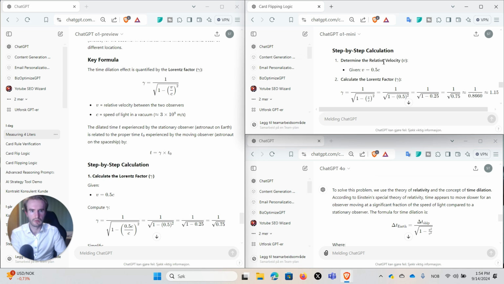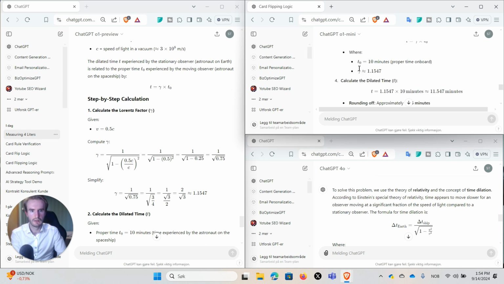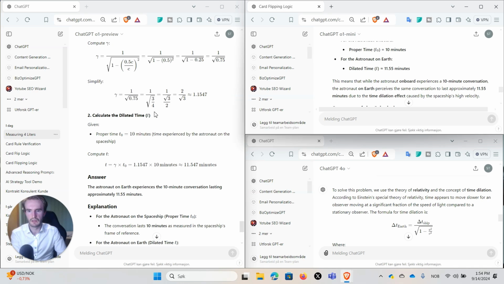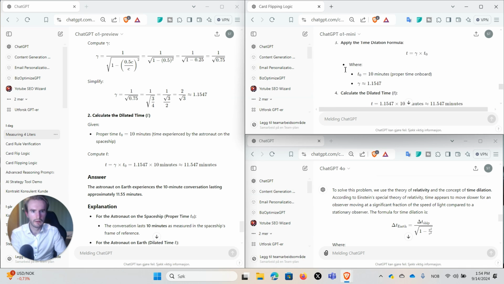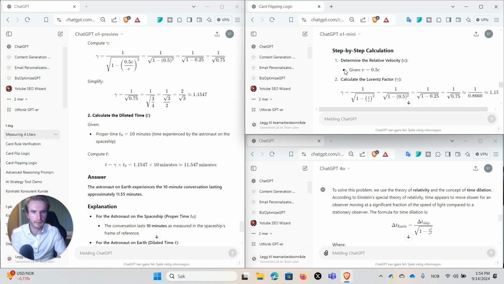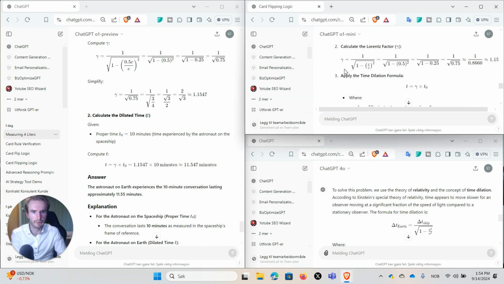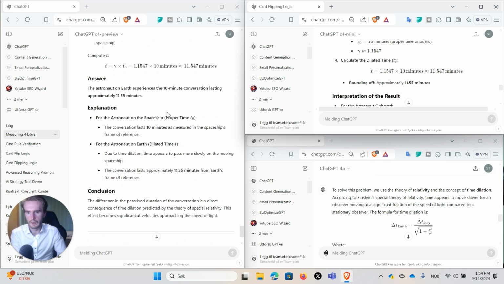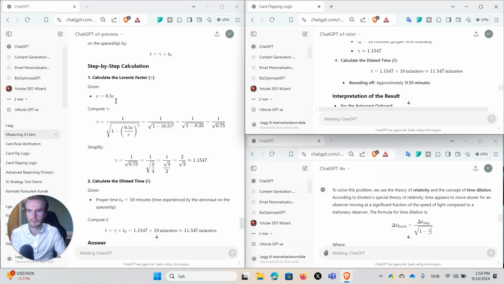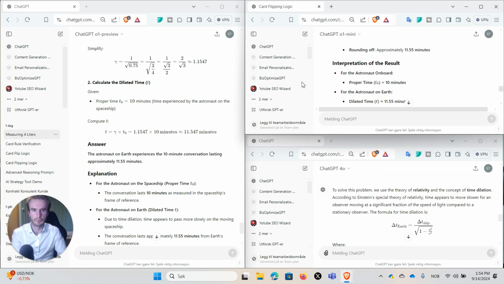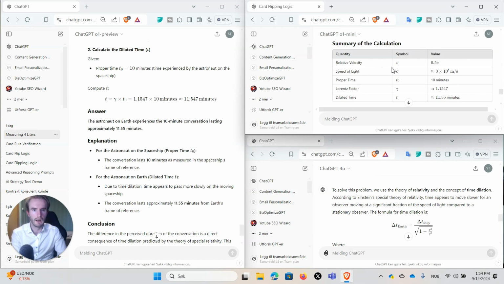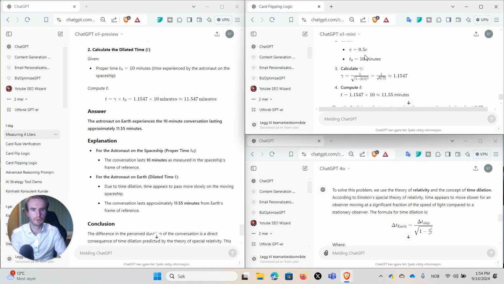Here it explains it a lot more elaborately, which is really good. And then it goes over to the step-by-step calculation. Let's see. And then it's pretty much the same, or wait, here it's a step-by-step calculation with 3-4 steps, here it's in 2 steps, and then here it goes to the interpretation of the results, and then it provides a summary of the calculation, provides a conclusion.